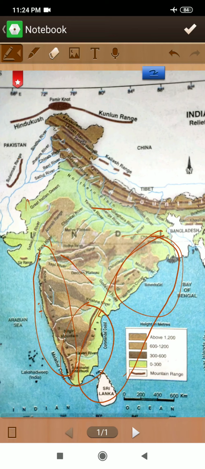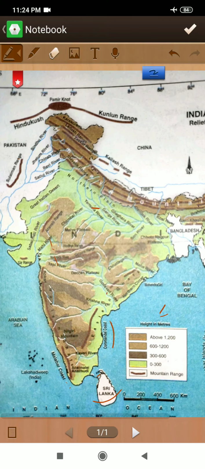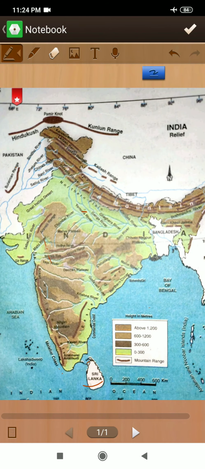Now we talk about archipelagos. What are archipelagos? The simple definition is that a group of many islands is known as an archipelago.